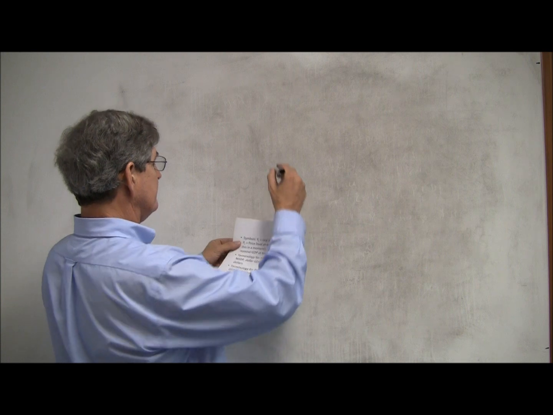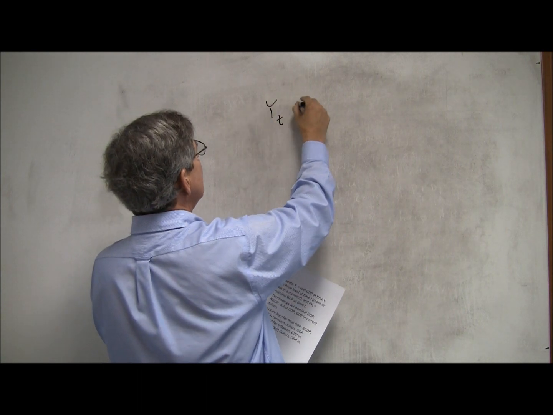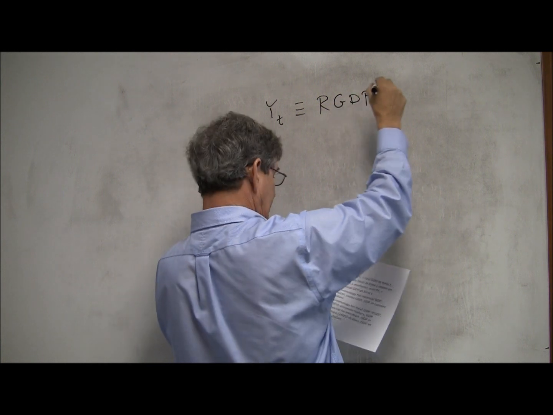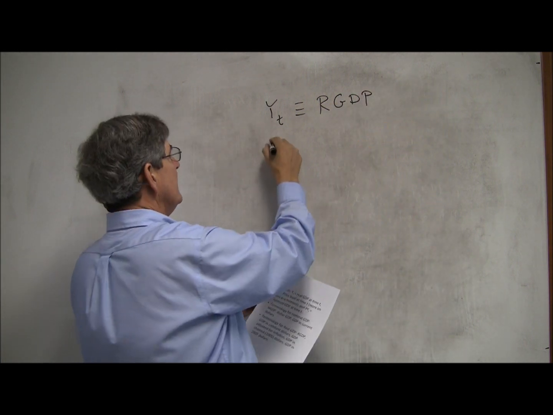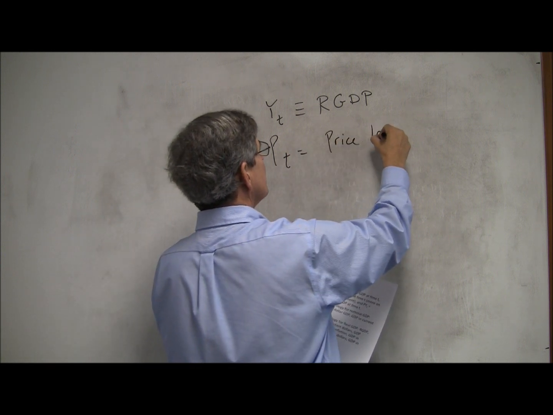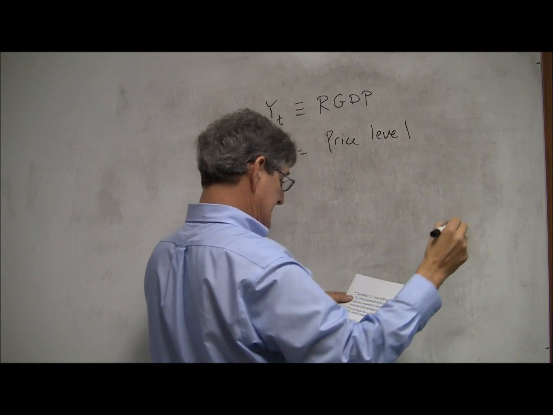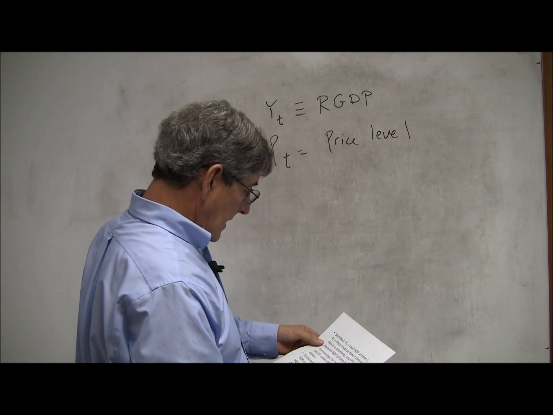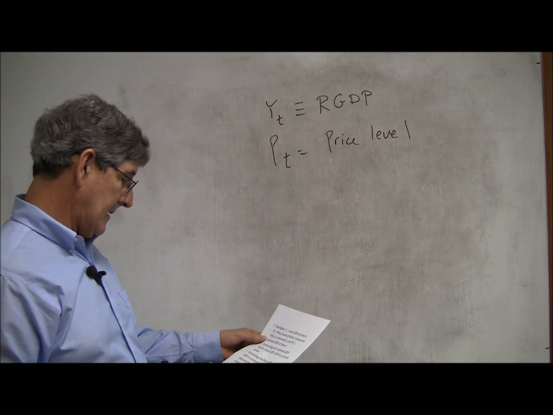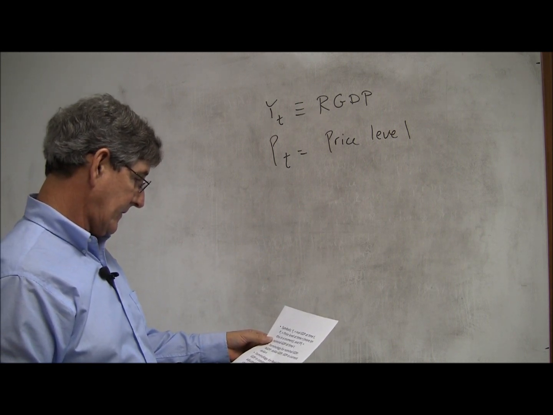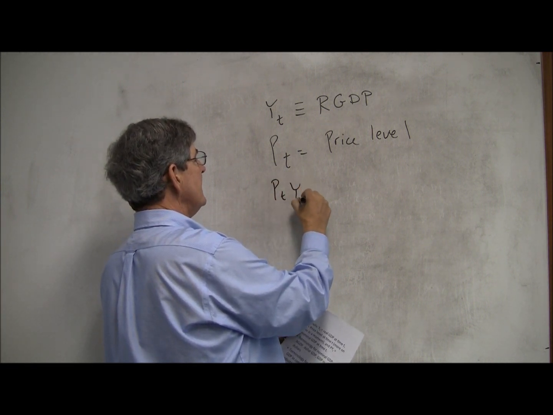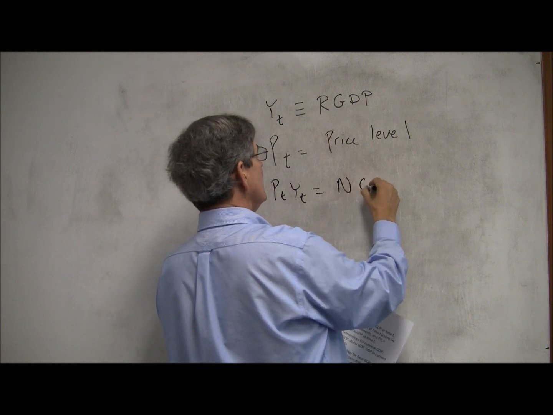Okay, some symbols. YT will be defined as real GDP at time t. PT will be the price level, as we call it. We'll talk about how that's determined in a little while. PT, YT will be nominal GDP.